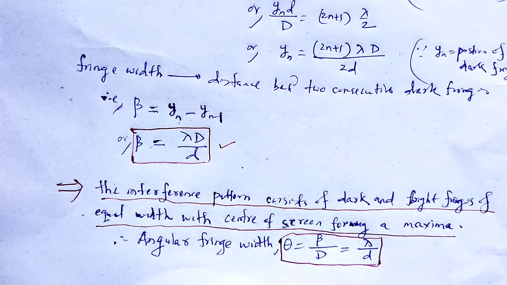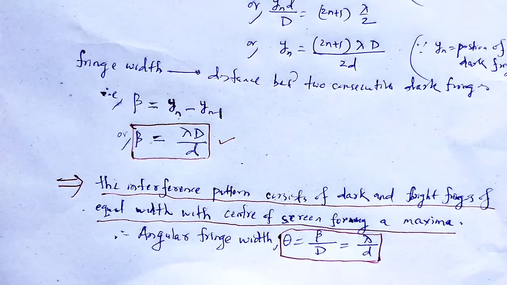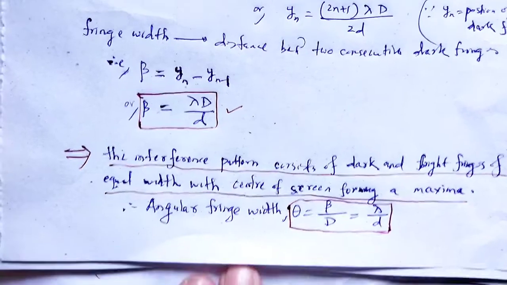An important point we have to notice here: if the whole Young's double slit experiment apparatus is immersed in water, if the water has refractive index mu, then the wavelength changes. Then what should be the fringe width?